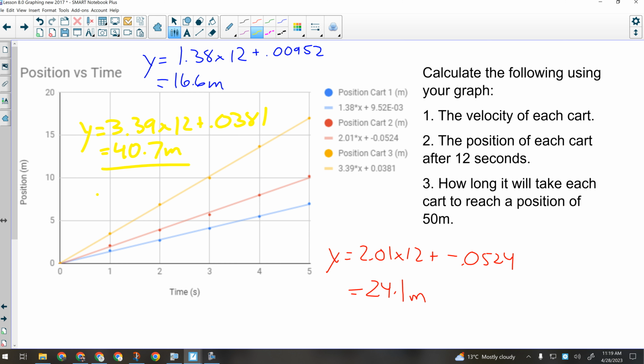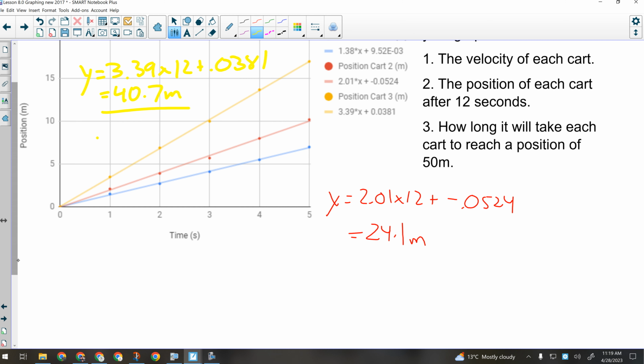For number 3, how long will it take each cart to reach a position of 50 meters? Okay, how long means they want me to calculate what? Time. Which axis is time on? X. So I'm looking for the x value. So I have to manipulate y equals mx plus b now for x.